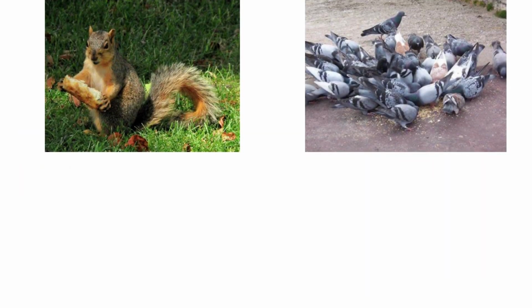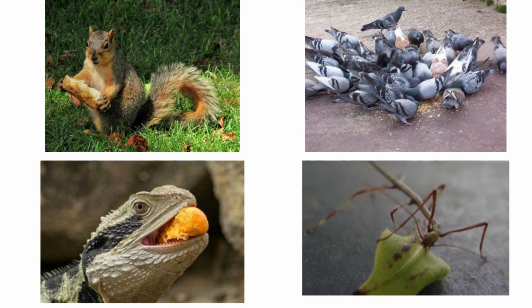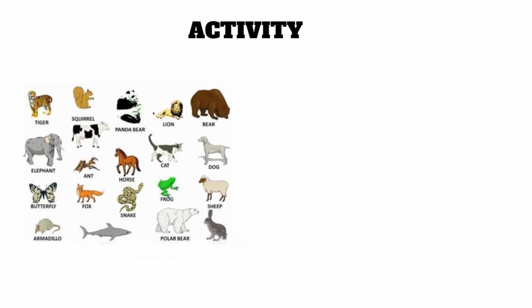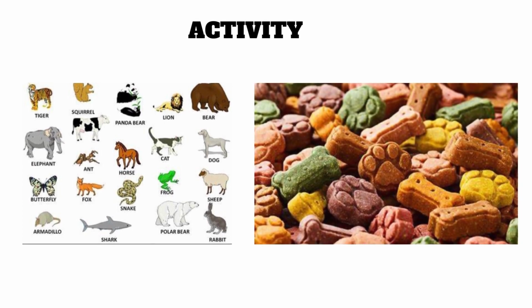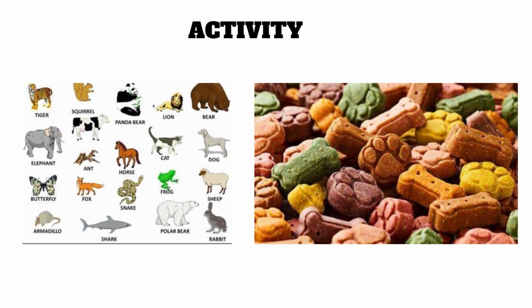What about other animals? Have you ever observed what a squirrel, pigeon, lizard or a small insect may be eating as their food? Here's an activity in which we'll be knowing of different kinds of animals and the foods they eat.